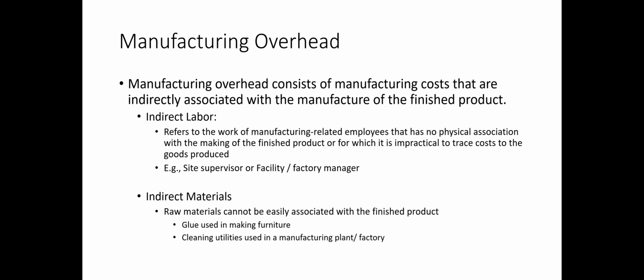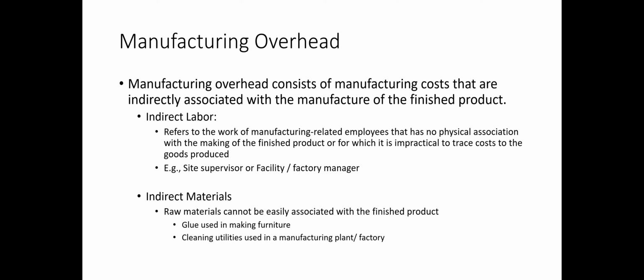And let's talk now about manufacturing overhead. Manufacturing overhead consists of the costs that are indirectly associated with the manufacturing of the finished product. So let's say indirect labor. The key here is indirect, and it's hard to trace per unit produced.